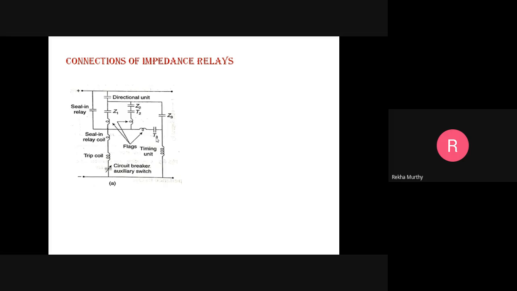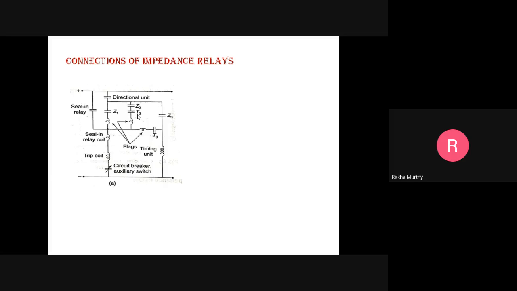If the fault point lies in the characteristic circle Z2 but outside Z1, then the circuit breaker trips after the closure of the contact T2 at a time T2. If the fault point lies within the characteristic circle of Z3 but outside the circles of Z1 and Z2, then the circuit breaker trips after the closure of the contact T3 at a time T3.